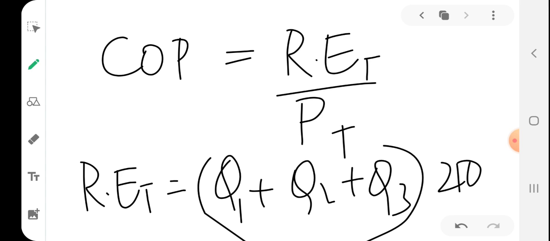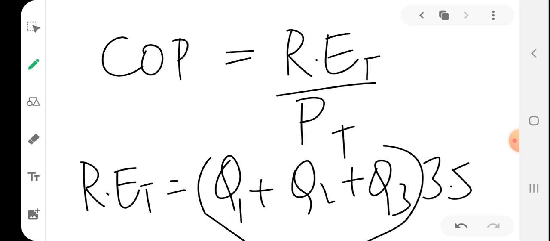If you multiply by 210, you can convert it into kilojoule per minute, or if you divide by 3.5, you get it in kilowatts. So this is how you find the COP, refrigerating effect and work in the case of a multiple evaporator system at different temperatures with individual compressors.